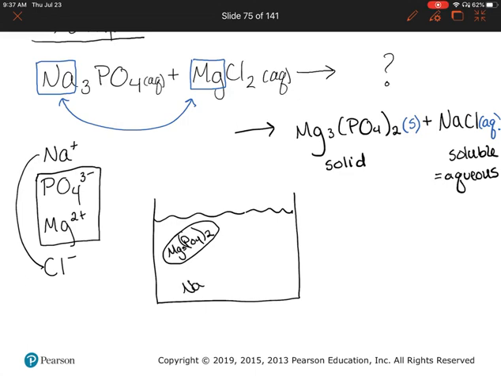But then the sodium and chloride ions would be kind of floating around doing their own things because they can dissolve in water. So they can actually separate in water. But magnesium phosphate cannot. Magnesium phosphate's a solid.